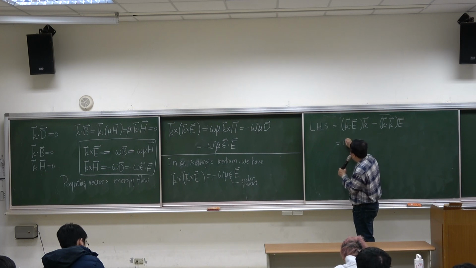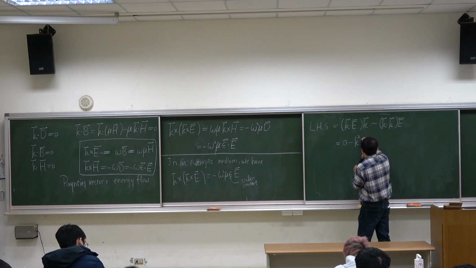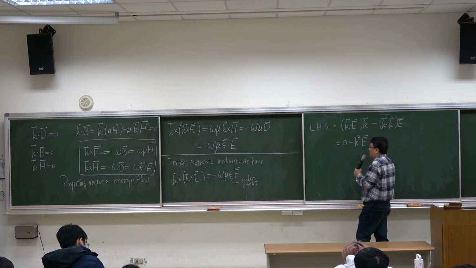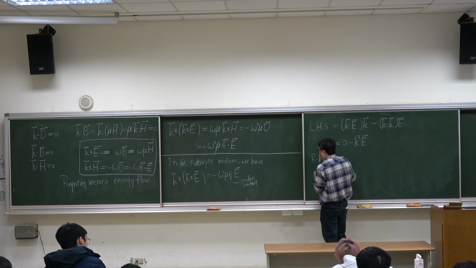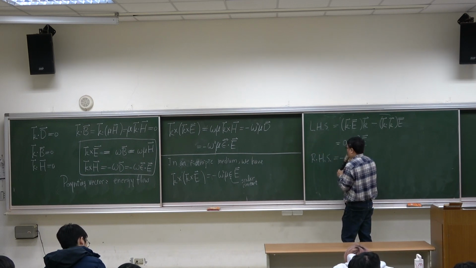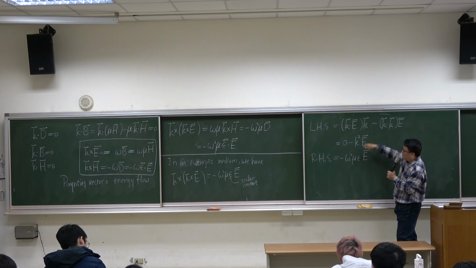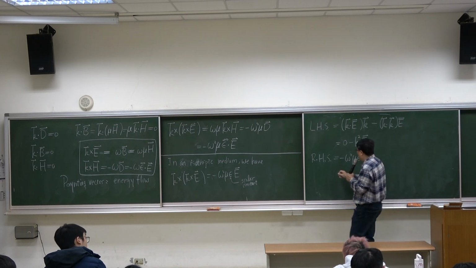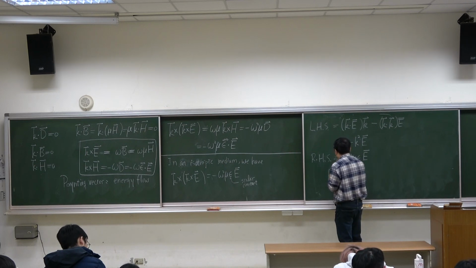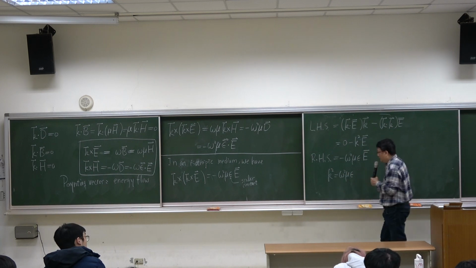So we get 0 and then minus K squared times E. And the right-hand side, we get minus omega squared mu epsilon times E. So these two parts are equal to each other, so we get K squared equal to omega squared mu times epsilon.